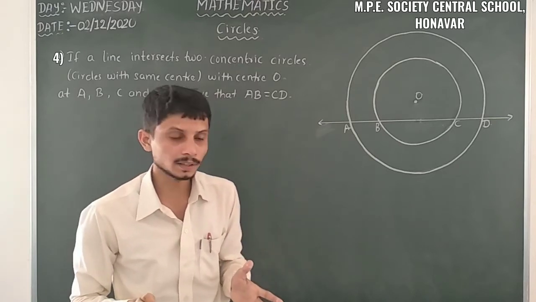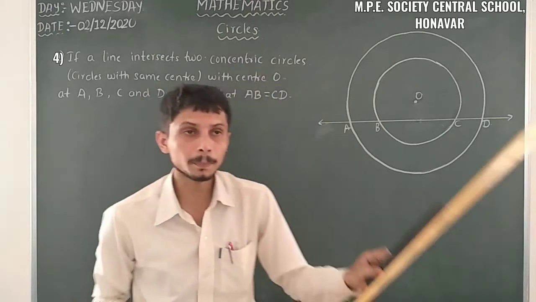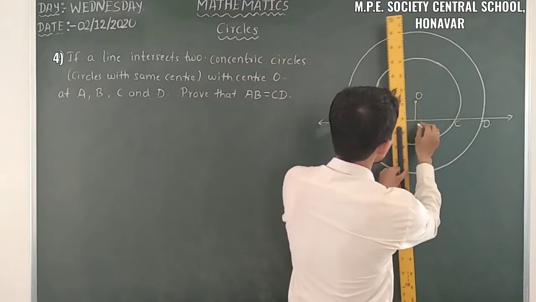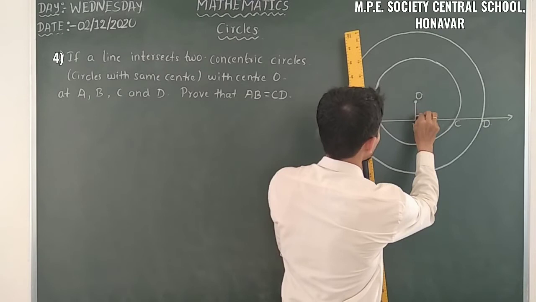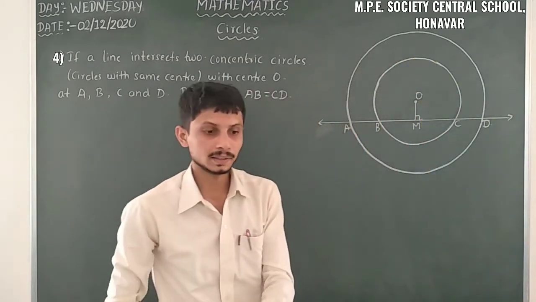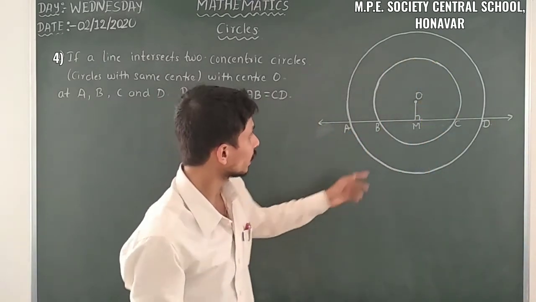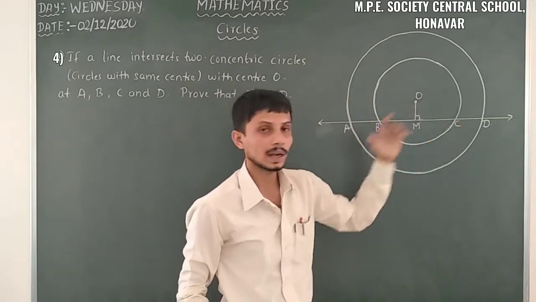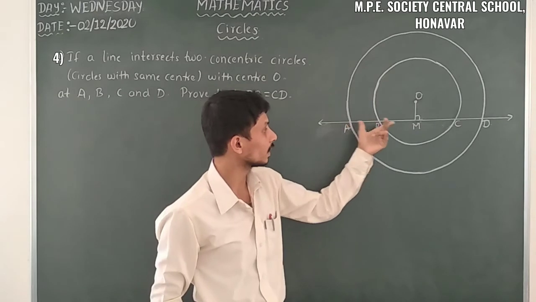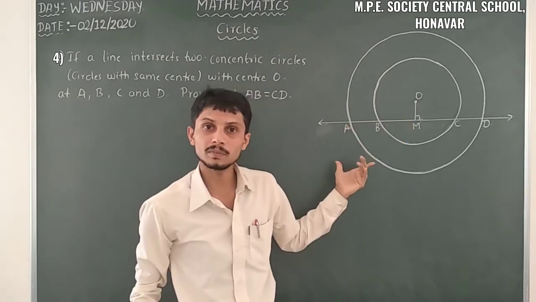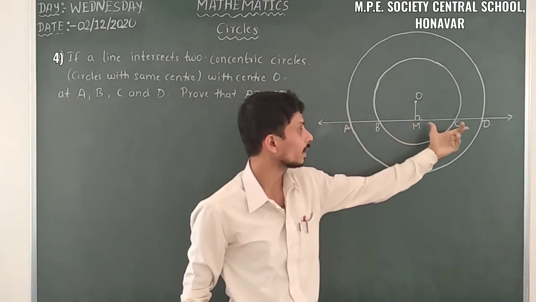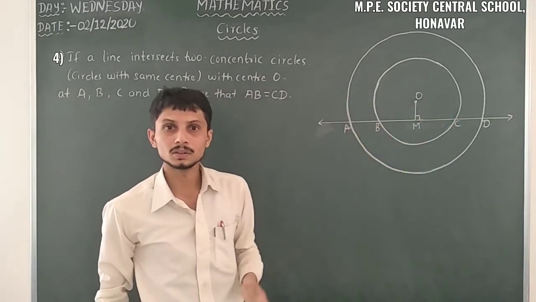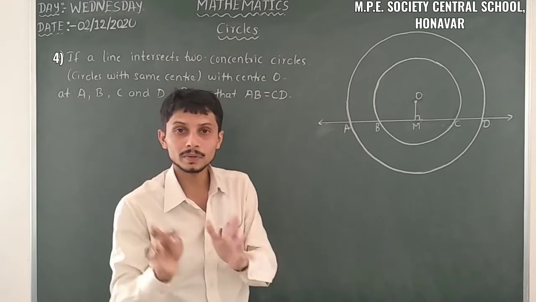That's why we take a perpendicular from O, that is, join OM perpendicular to AD. Then BM is equal to MC, and AM is equal to MD. When we subtract AM minus BM we get AB, and when we subtract MD minus MC we get CD. We have to check whether those two are equal.